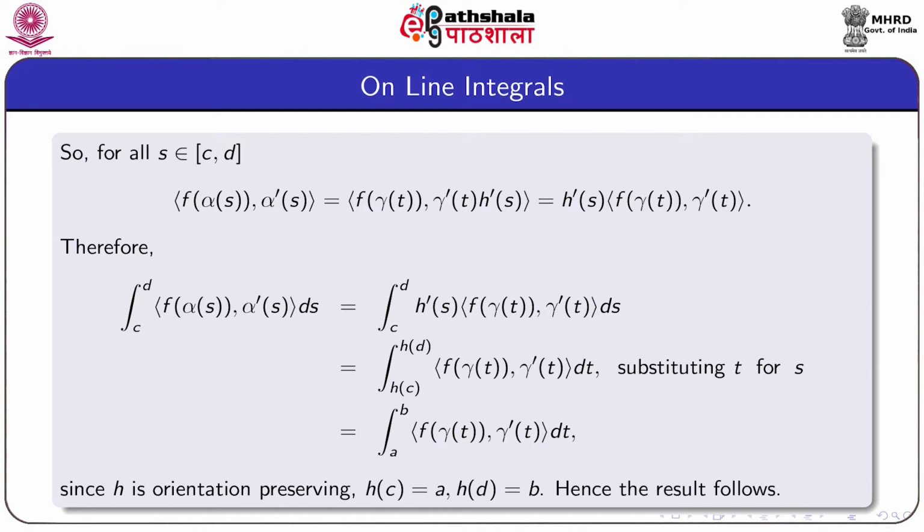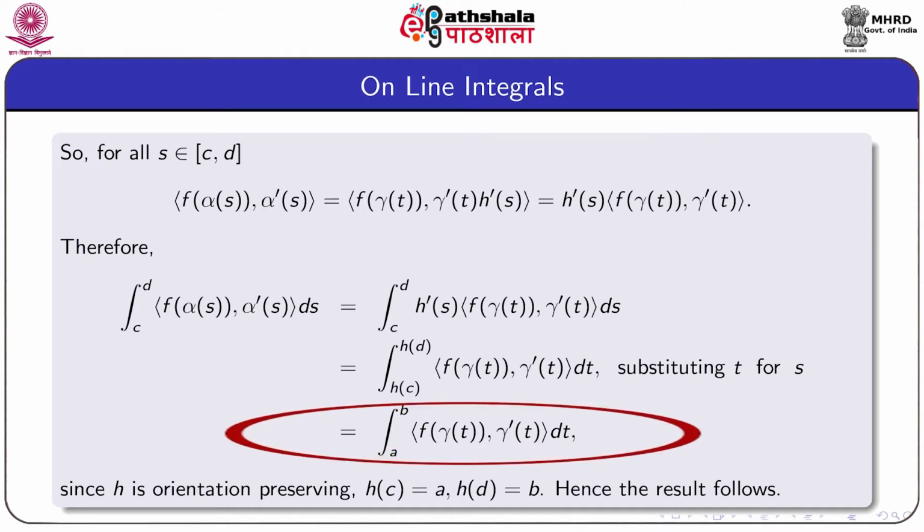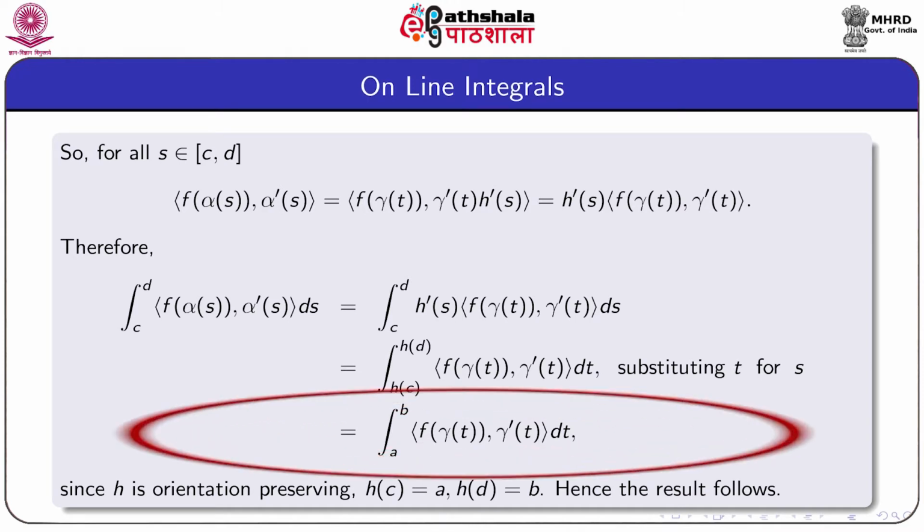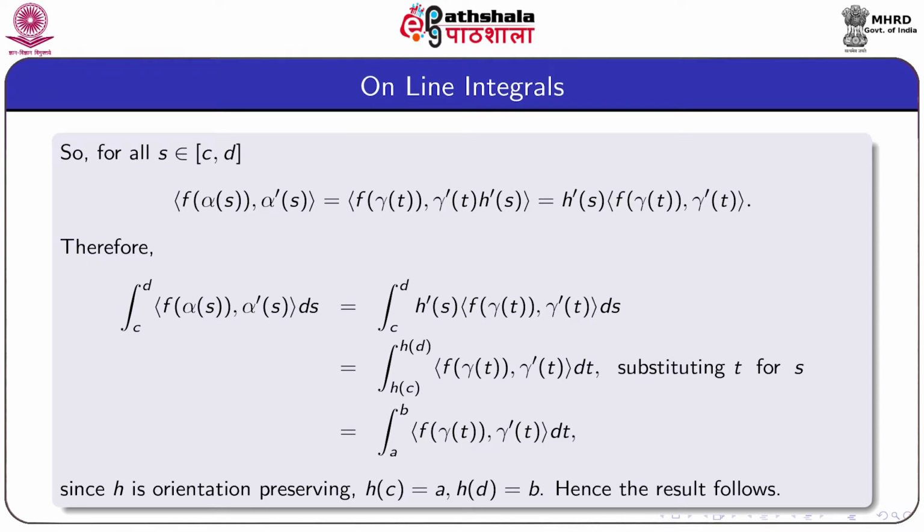This equals the integral from h(c) to h(d) of the inner product of f(gamma(t)) and gamma'(t) dt. Here we substitute t for s, and that equals the integral from a to b of the inner product of f(gamma(t)) and gamma'(t) dt. Now since h is orientation preserving, we have h(c) equals a and h(d) equals b. So the result follows.